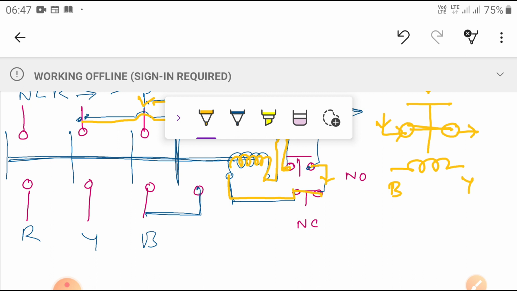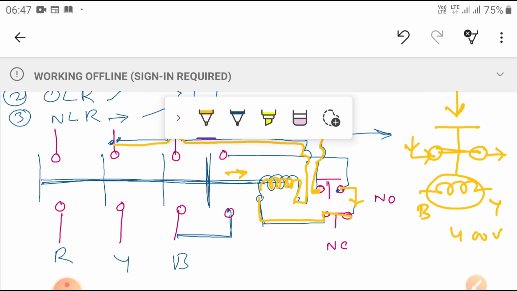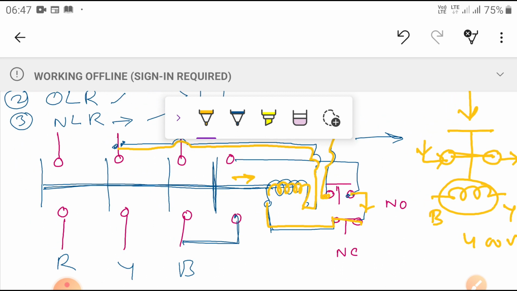So we give the voltage of 400 volts, and when the circuit is closed, the flux is developed. There is a plunger mechanism. It will move this contact to this side. The piston moves inside, the plunger mechanism, the armature pulls inside. Then what will happen? These contacts will move in this direction against the spring provided here.